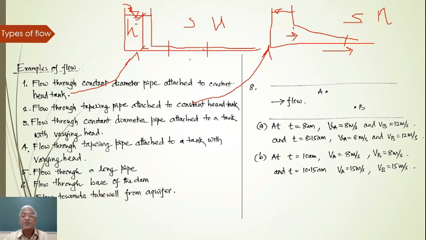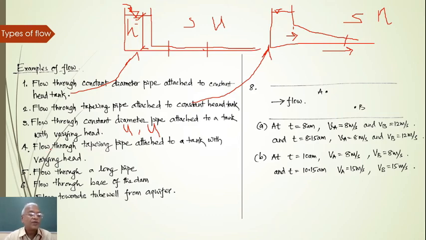In the sense, with respect to space there is no change, but with respect to time there is going to be a change. Hence this particular flow in the third case, where varying head and constant diameter are there, will be non-steady or unsteady flow, but it is a uniform flow, unsteady but uniform flow.